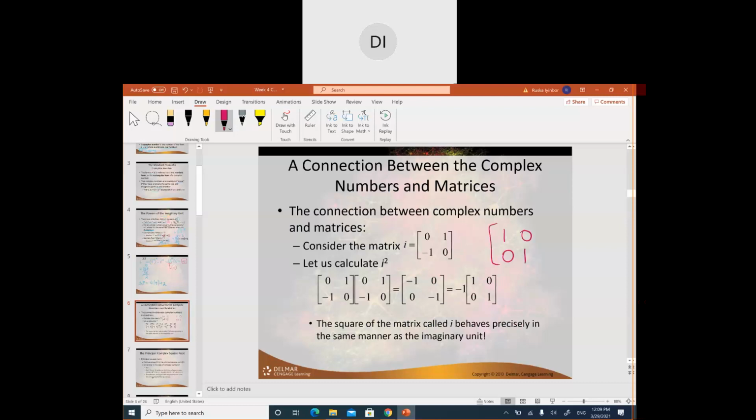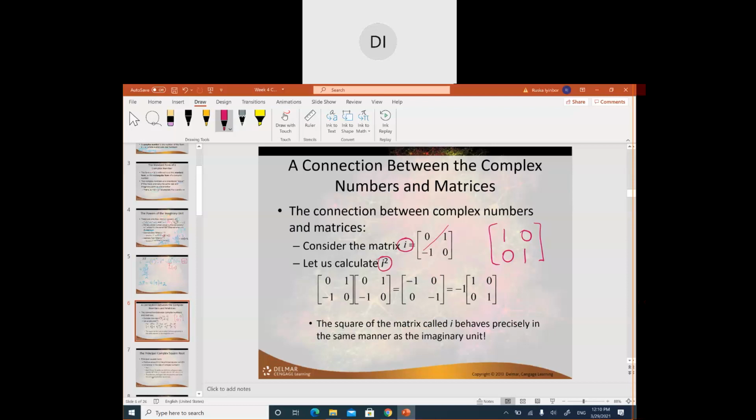We did this in algebra, where 1 is on the diagonal. Now, if you have 1 and 1 like this on the diagonal, that's going to be the letter i. Okay, that's standard, that's how it is. And then calculating i squared is going to be like here, we're using the order of operations with the operations with matrices.